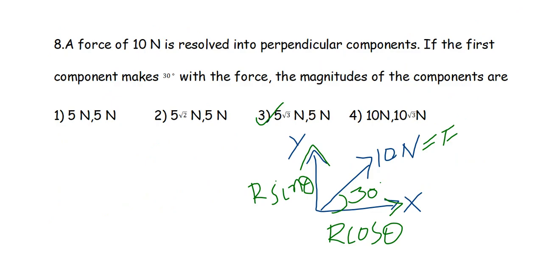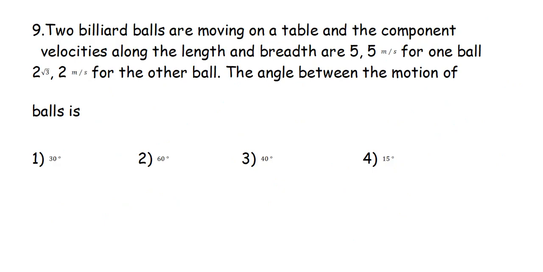Next one is: two billiard balls are moving on a table, and the component velocities along the length and breadth are 5 root 3 meters per second and 5 meters per second for one ball, and 2 root 3 and 2 meters per second for the other ball.